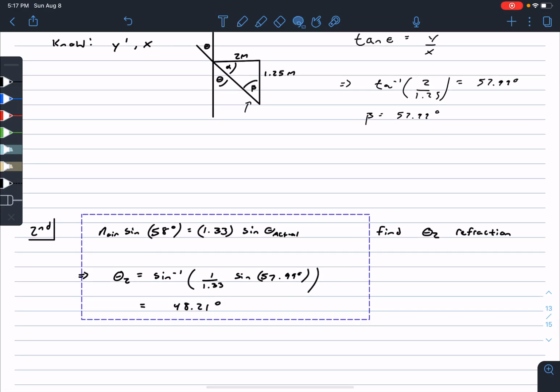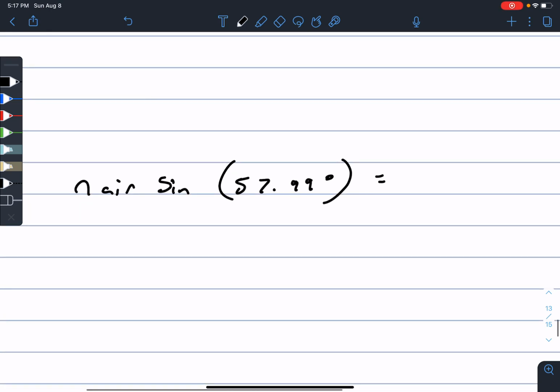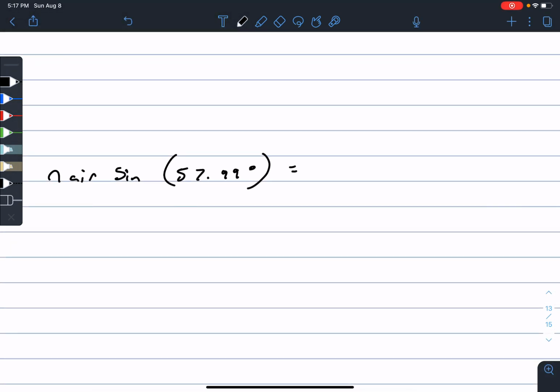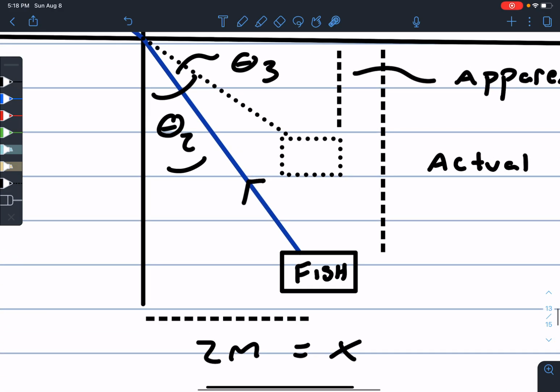So we're going to use Snell's law. n air sine of 57.99 degrees is equal to 1.33, this is the water index, times sine of theta actual. We'll call this theta 2.